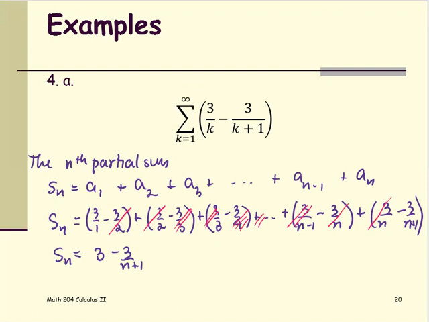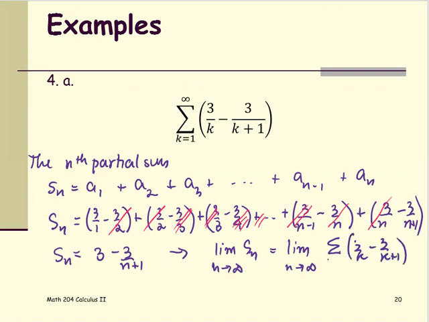As we know, when we find the limit of the Sn, which is the same as the limit of the infinite series, so the limit of the Sn as n approaches infinity is the same as the limit as n approaches infinity of the sigma notation of 3 over k minus 3 over k plus 1, k from 1 to n.